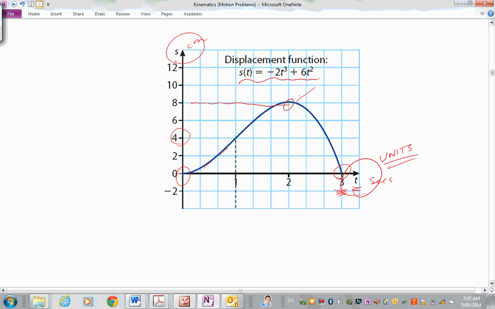So this must have stopped at that point. Look, the slope of the tangent, that's the instantaneous velocity. Slope of the tangent is 0, parallel to the t-axis. So it stopped and now it's coming back. At 3 seconds it's back at the origin, coming back to the origin in the displacement.